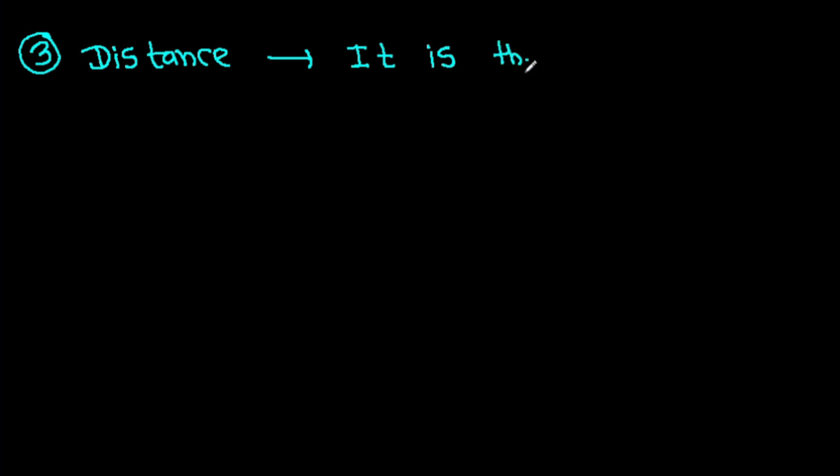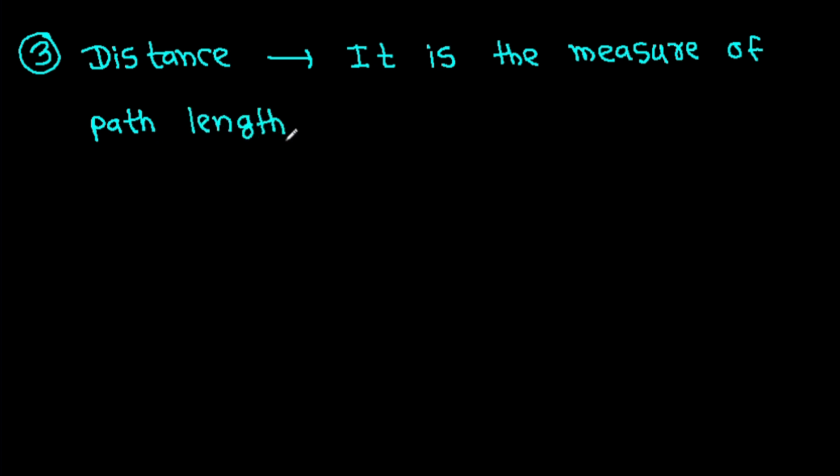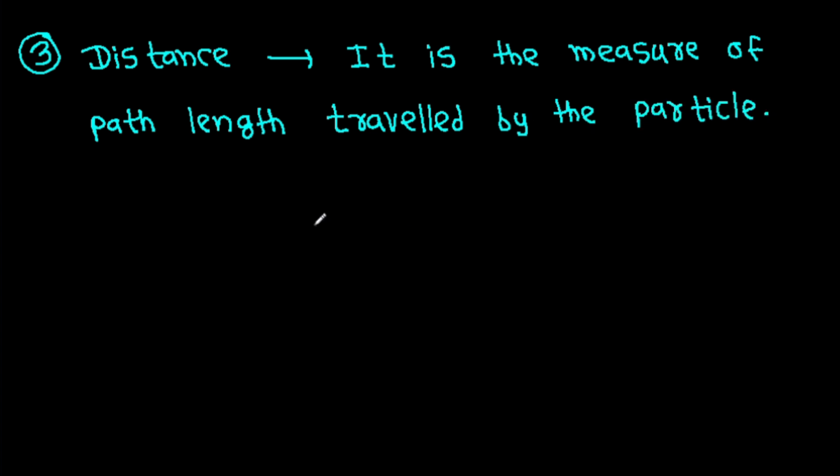And number 3, distance. It is the measure of path length travelled by the particle, and number 4, displacement.